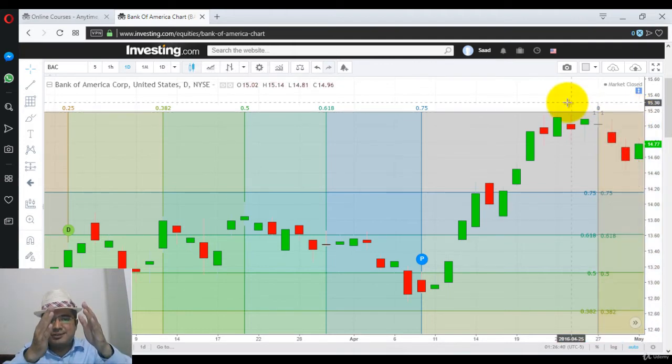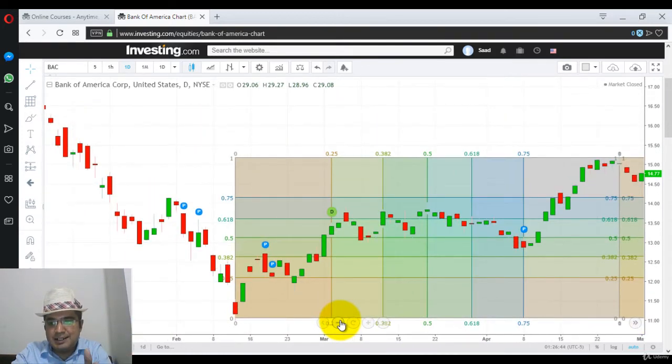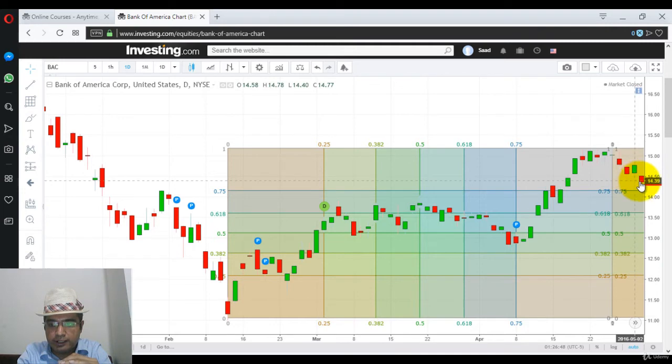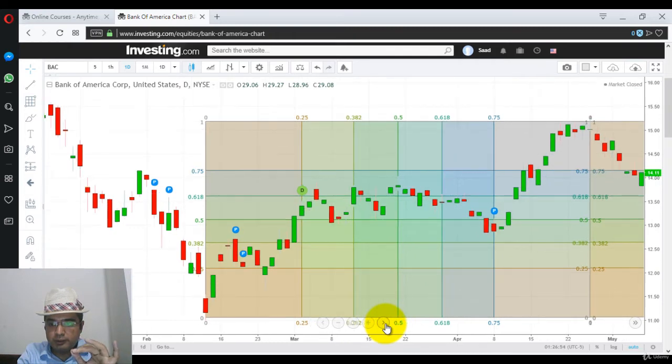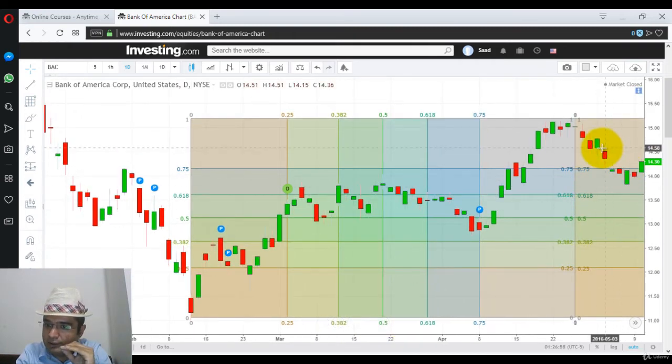Now, I've just copied the previous box and pasted a newer box forward. Now the price is moving. If you look at it, the price is falling, falling, falling, rising back up. Now if you look closely, on this fall it took support here.